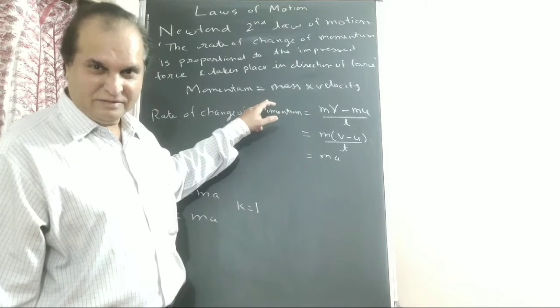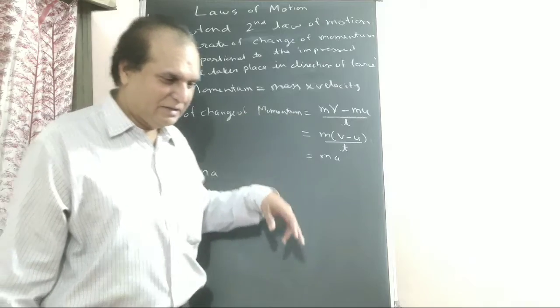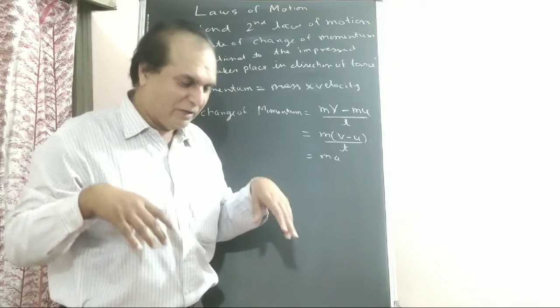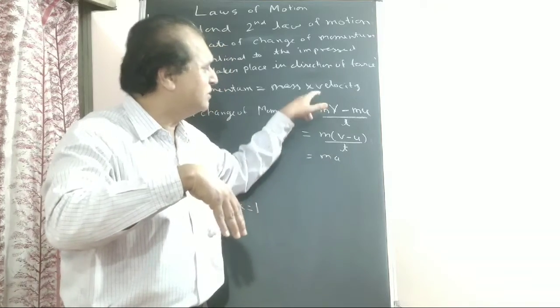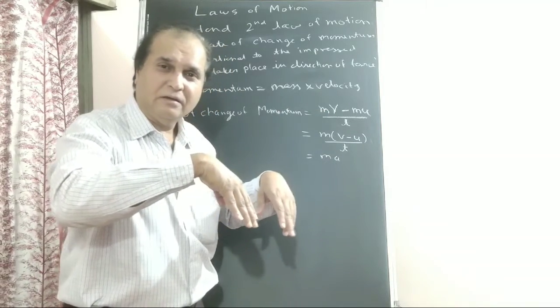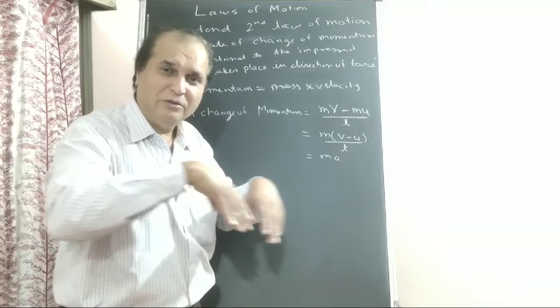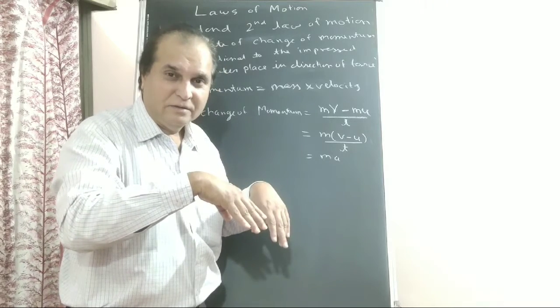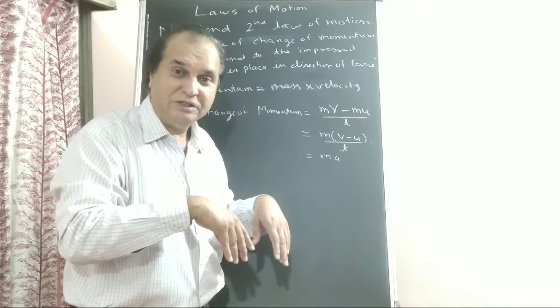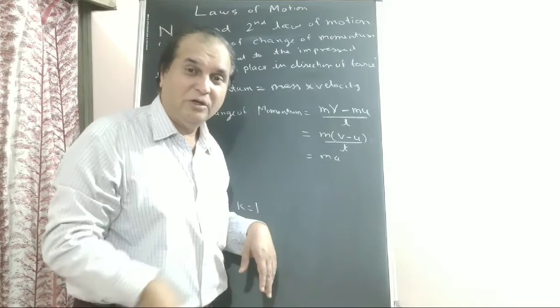Mass also matters. Suppose two friends, one on a cycle, one in a truck. They are going with the same velocity, talking to each other. Hi friend, how are you? And both of them hit one person each. Which person will be injured more?